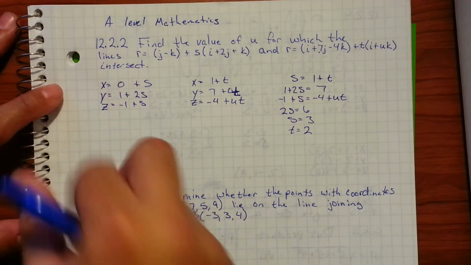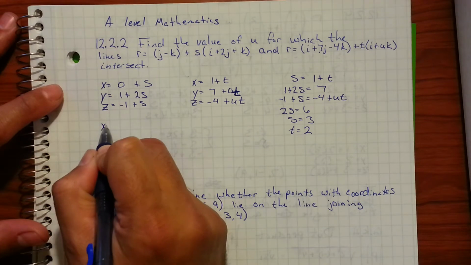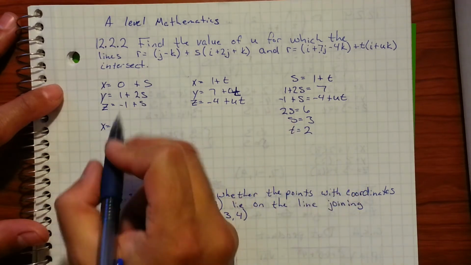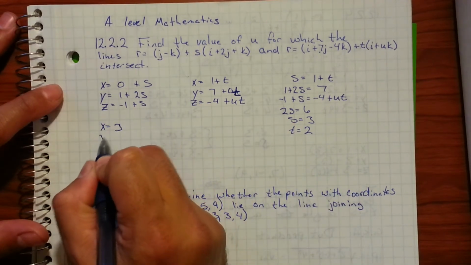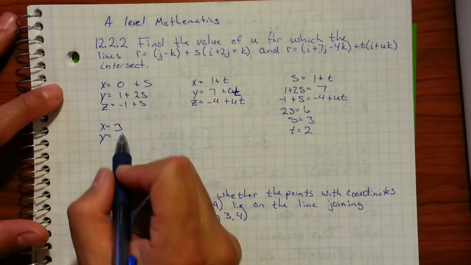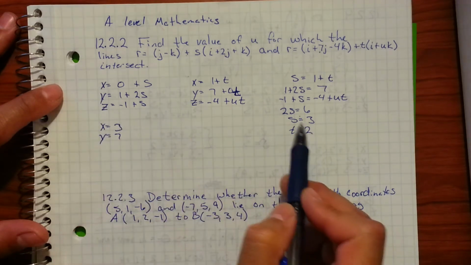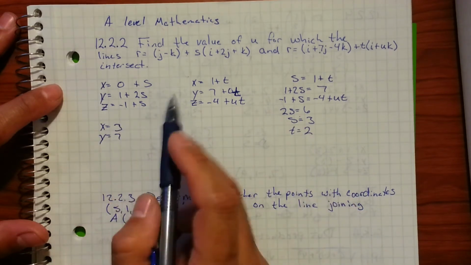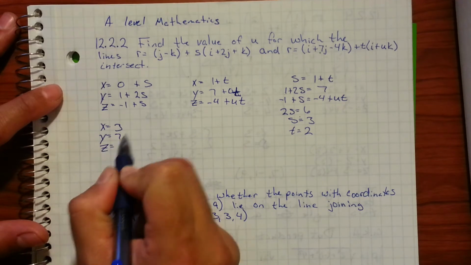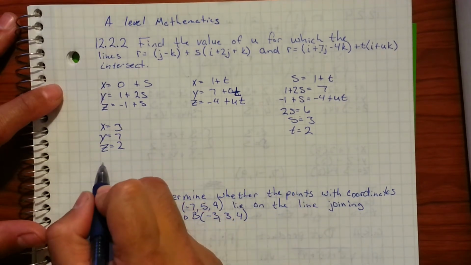This is going to be my x value, so plugging in s, that's going to be 3. The y value is going to be 6, 7. And my z, it's going to be 3, so it's going to give me 2. So I have 3, 7, 2 is going to be my coordinate.